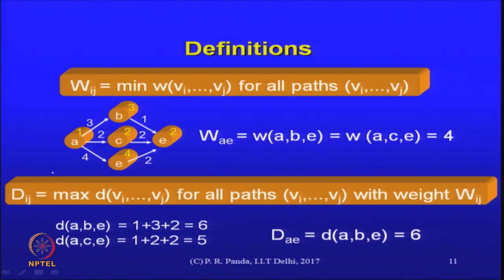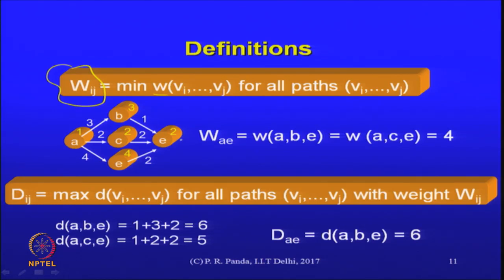So far we have defined small w meaning path weight from node i to node j. Capital Wij is defined for a pair of nodes Vi to Vj. The problem is there may be many paths between a pair of nodes, that is what is shown here.